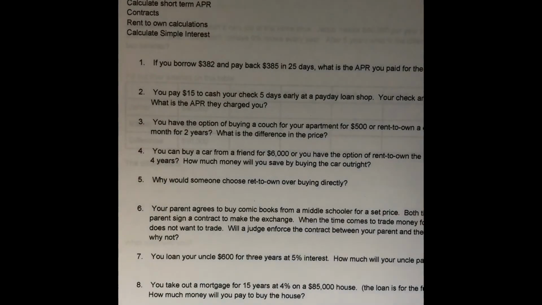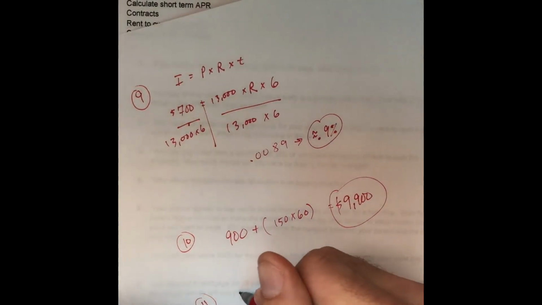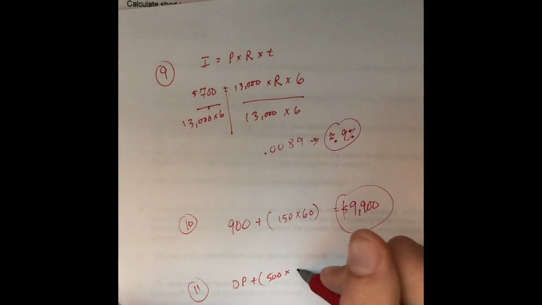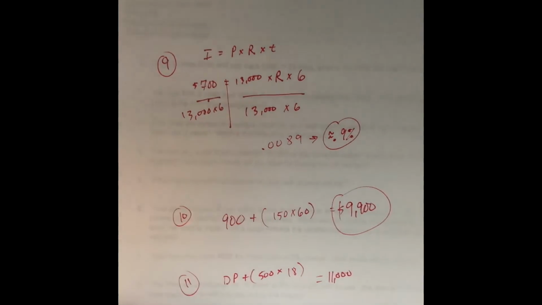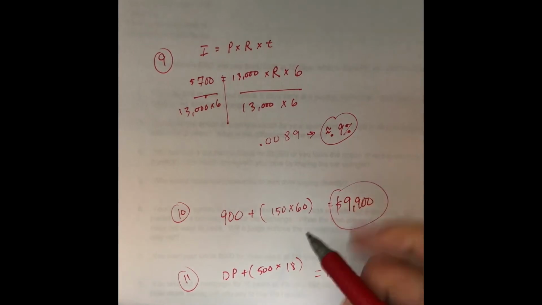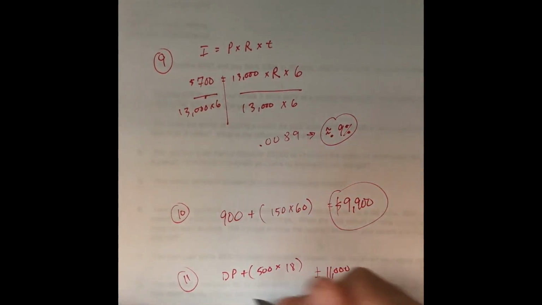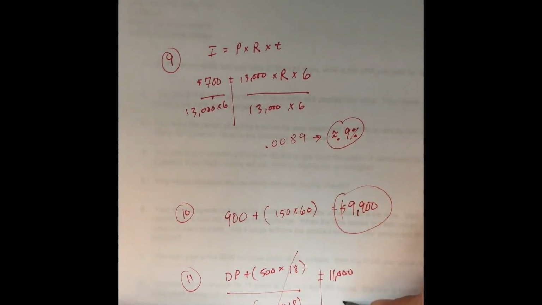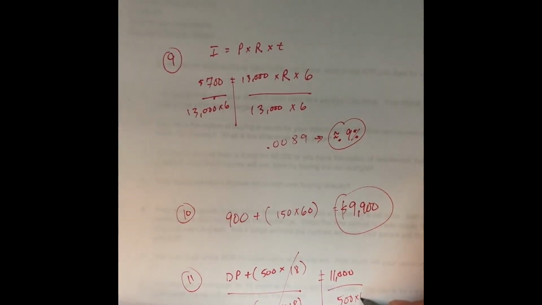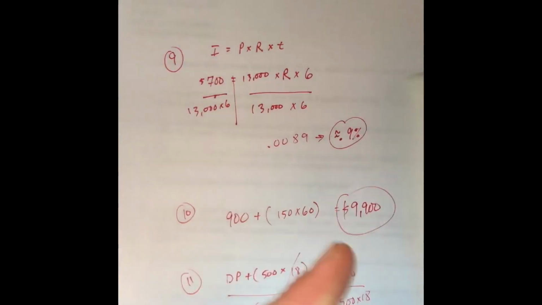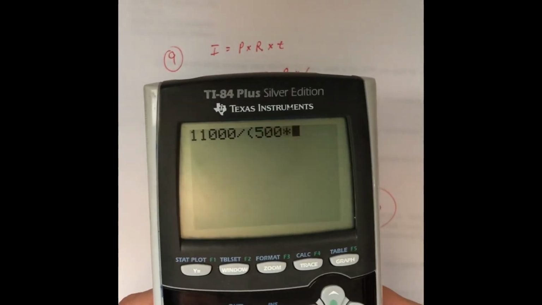And it's going to be $500 per month for 18 months. So if you add the down payment plus the amount you pay, you get the total cost. So right here, you just divide by 500 times 18.